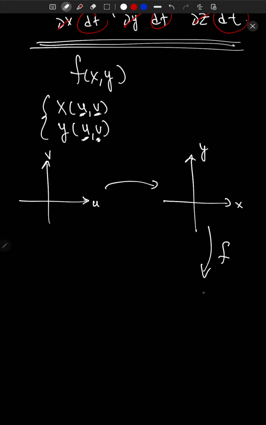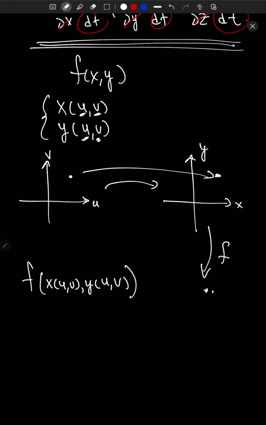So ultimately this goes to a number here. So this is a composition, right? Any point here goes to a point there, and that point there, you apply f to it. That's going to be your composition function, your overall function, which we would write, if we wanted to write it all out, as f of x of uv, comma y of uv, like that.